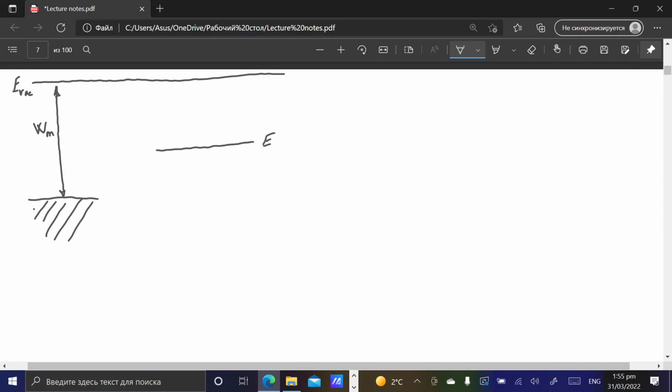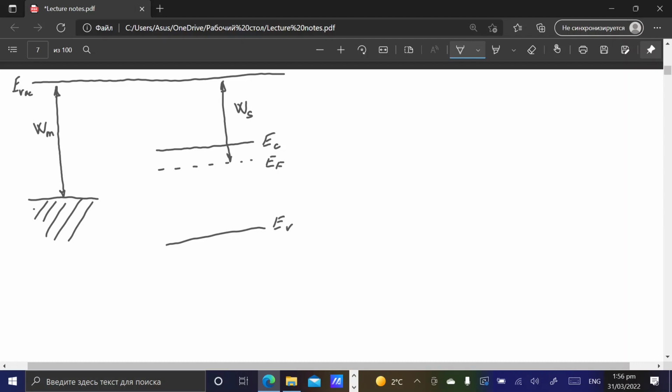This will be E_C, here will be E_F, and here is E_V. So this will be the work function of the semiconductor, W_S. They are isolated from each other, not in contact.